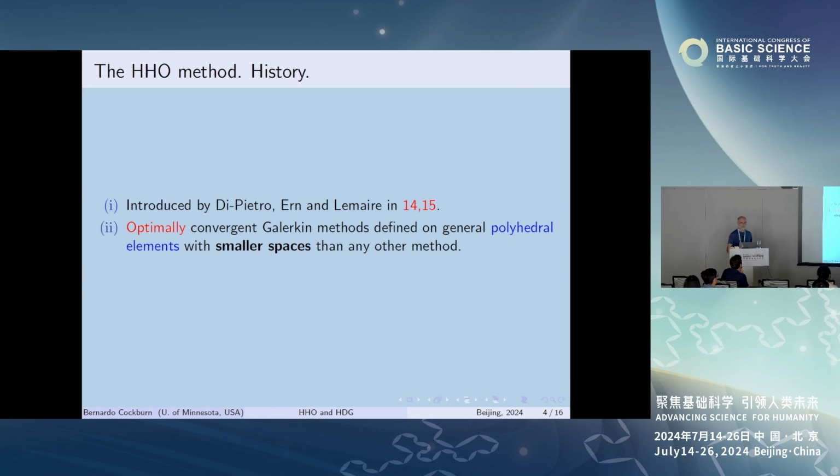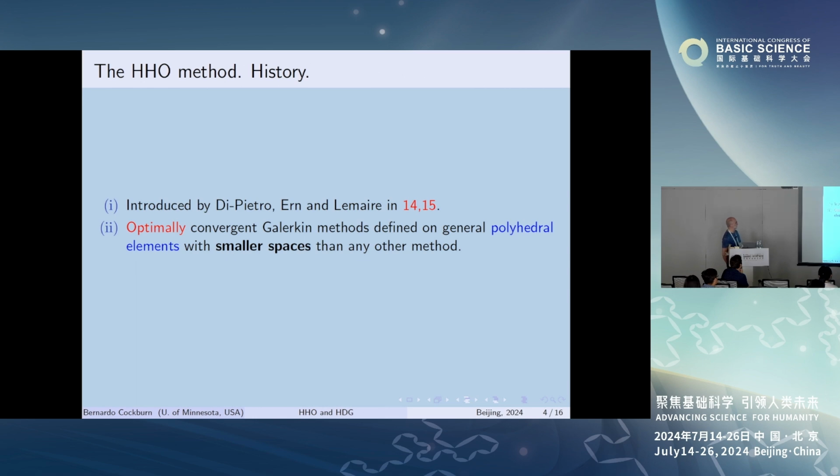In this simple setting I'm going to show you the HHO method, but before showing you the methods, I have to say that these HHO methods were introduced by Daniele Di Pietro, Alexandre Ern, my collaborators, and Simon Lemaire in 2014, 2015 in a couple of papers.